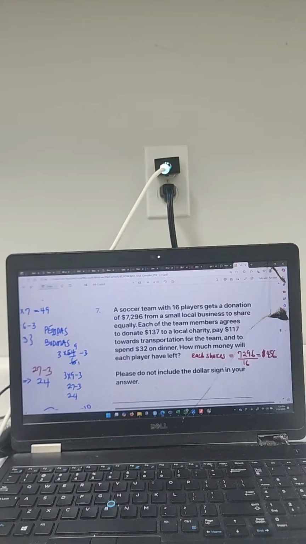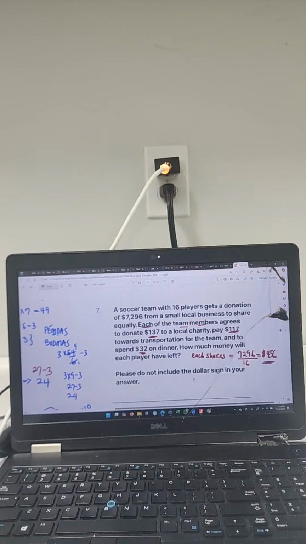Now, the question proceeds by saying each of the team members, that is each player, agrees to donate $137. This is the donation to a local charity. They want to pay $117 towards transportation for the team, and they want to spend $32 on dinner. This is their share, each of the players.